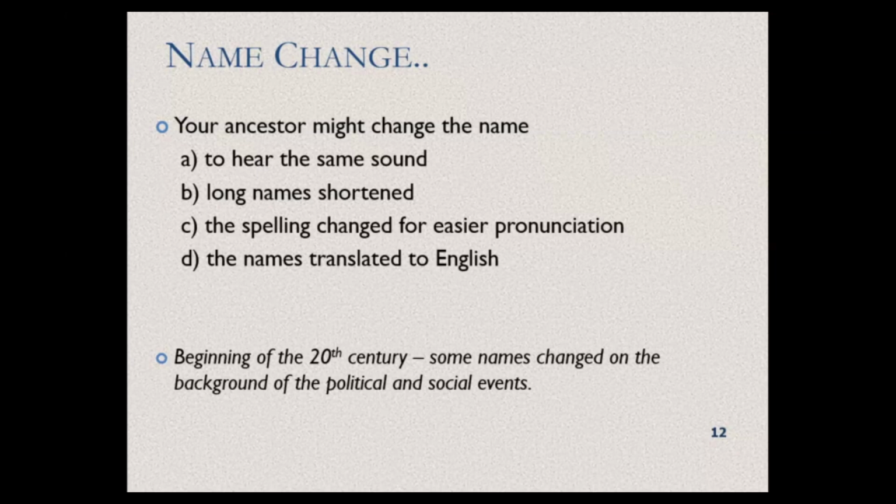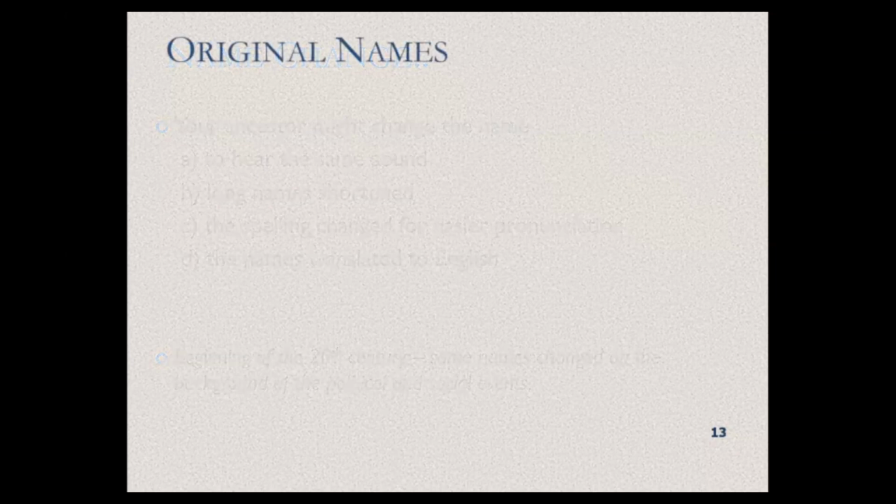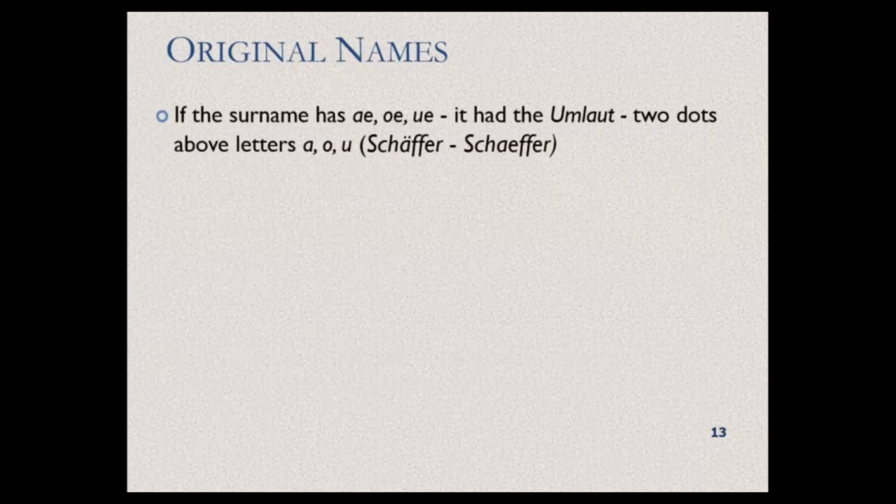And what is also interesting: when you see behind three vowels, A, O, and U, the letter E, English E, because in German it could be pronounced differently, you know that originally there was an umlaut.